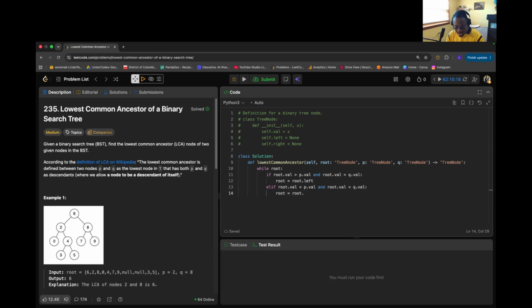Okay, so root.right. Okay, and then else, we'll just return the root because that has to be the lowest common ancestor, okay?